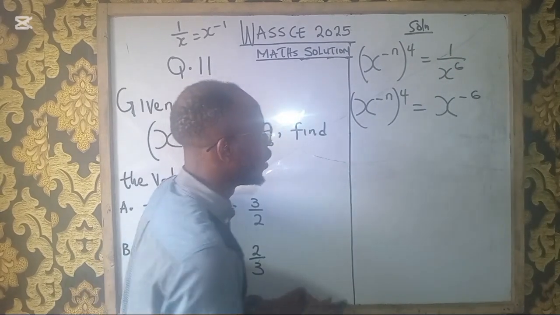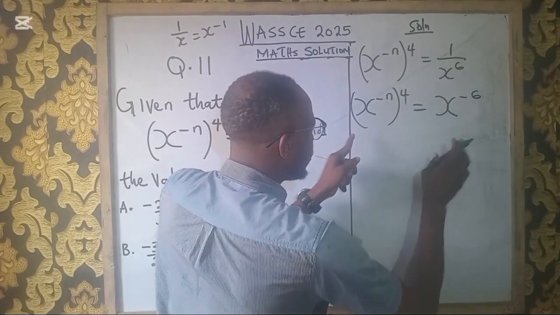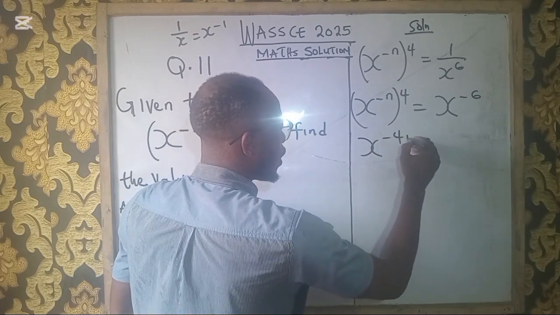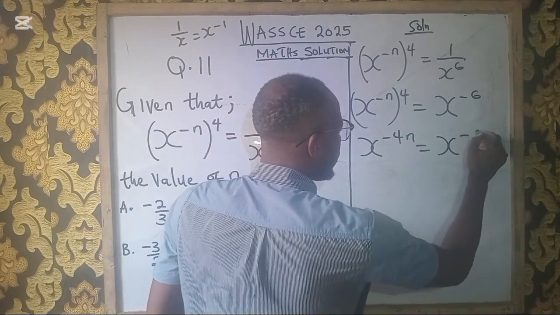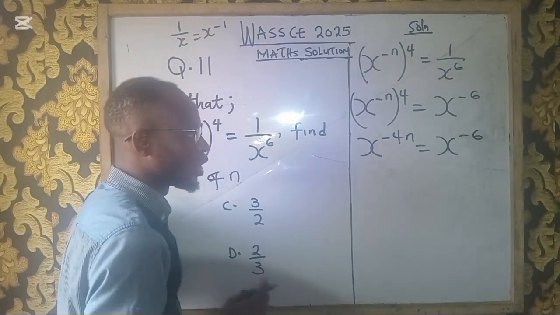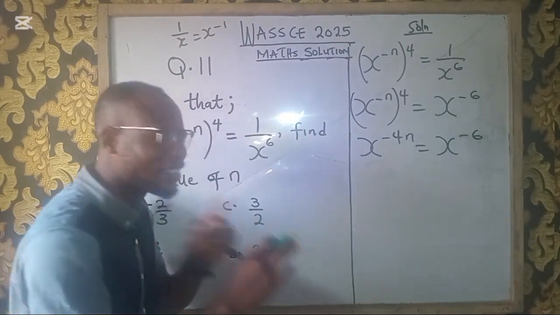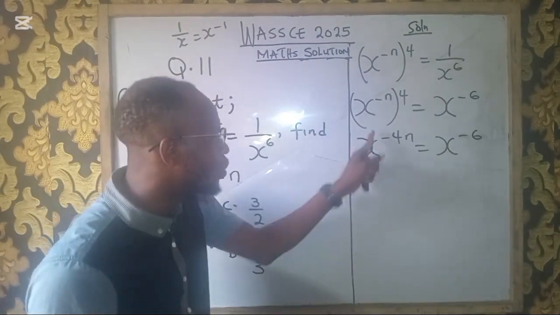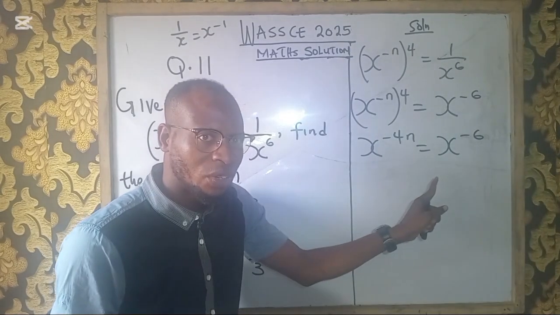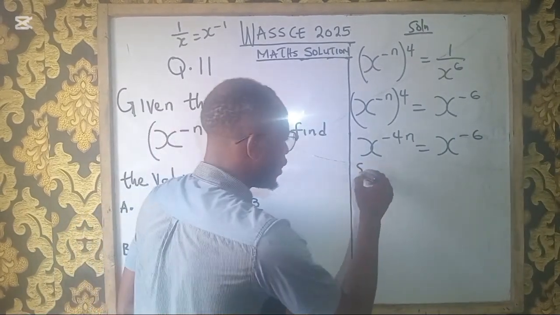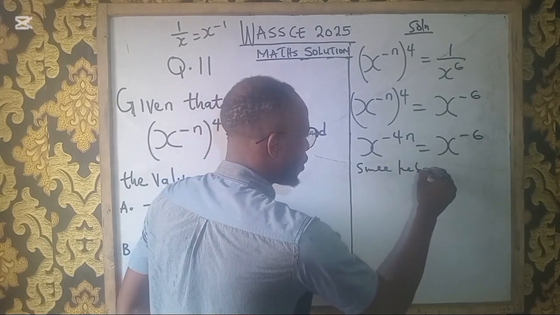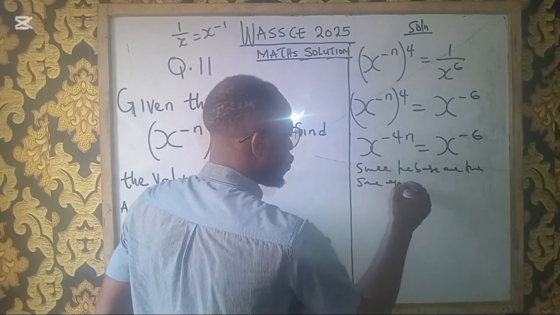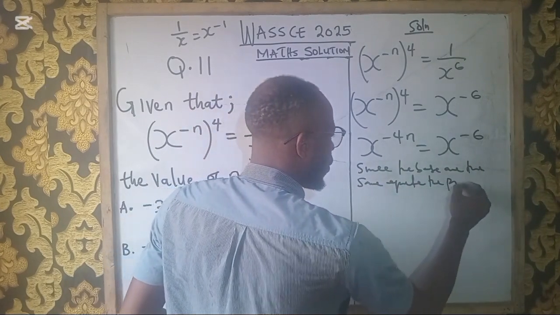Now the bases are the same, but before I take care of the base, I have to open this bracket first. This will give us s raised to power minus 4n equals s raised to power minus 6. You can see the bases are the same. Since the bases are the same, equate the powers.